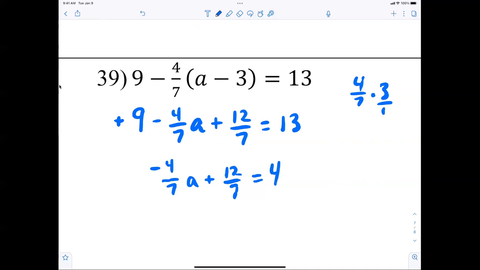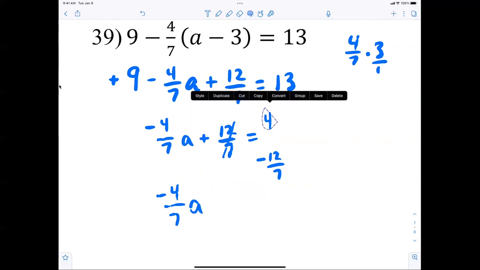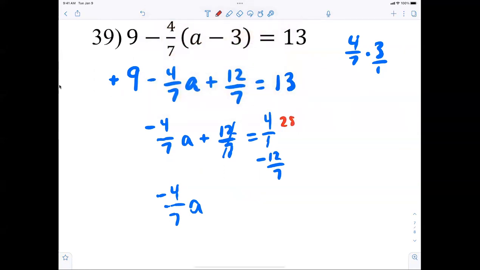What do I need to do? Right, subtracting 12/7. Now 4 is how many sevenths? Remember what I'm saying is 4 is 4/1, right? So how do I make that a common denominator? So what would that be? How much? Yes. So now that ends up being what?